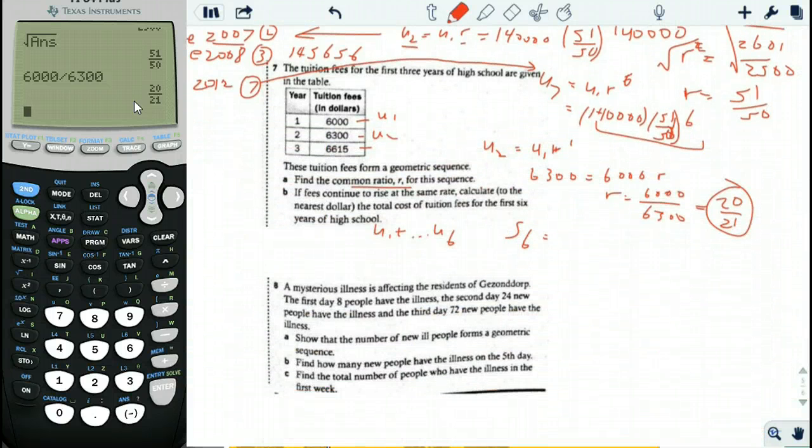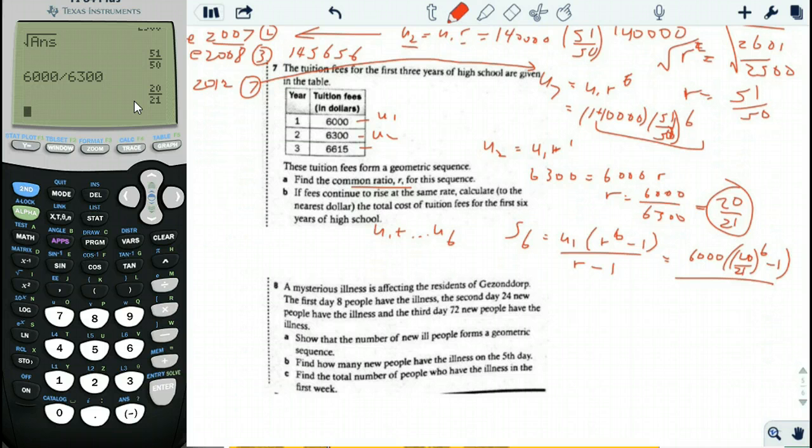And you would put S6 equals U1 times R to the 6th minus 1 over R minus 1. So U1 is 6,000. R to the 6th would be 20 divided by 21 to the 6th minus 1.